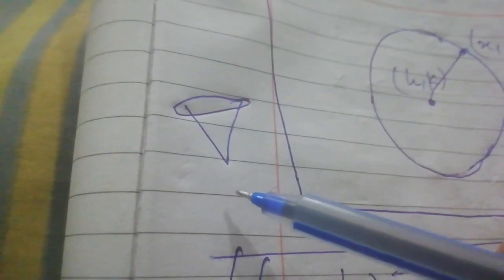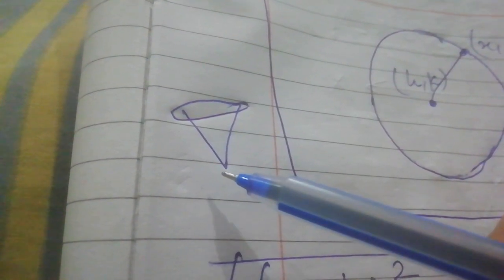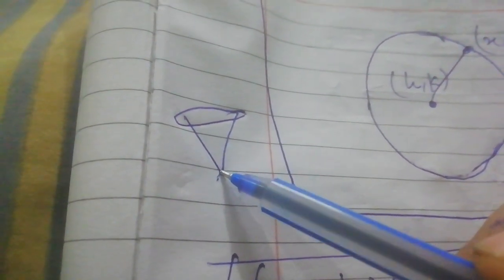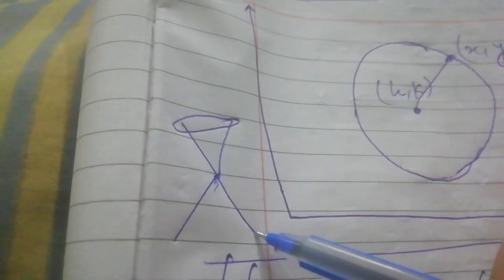So let's look at it here. If I take a cone like this, I know my drawing's so bad, so please pardon me. And I've taken another cone right over there.